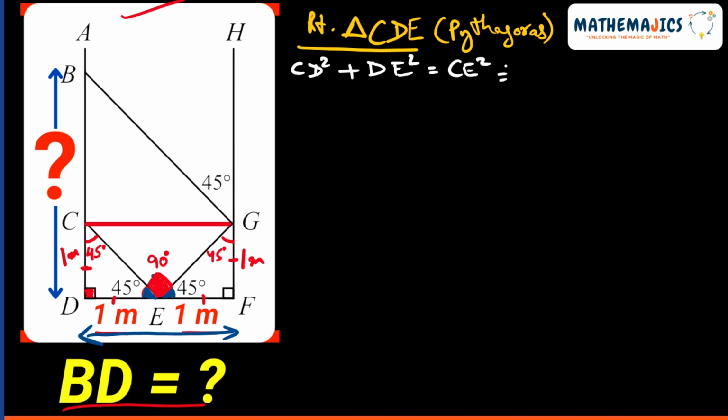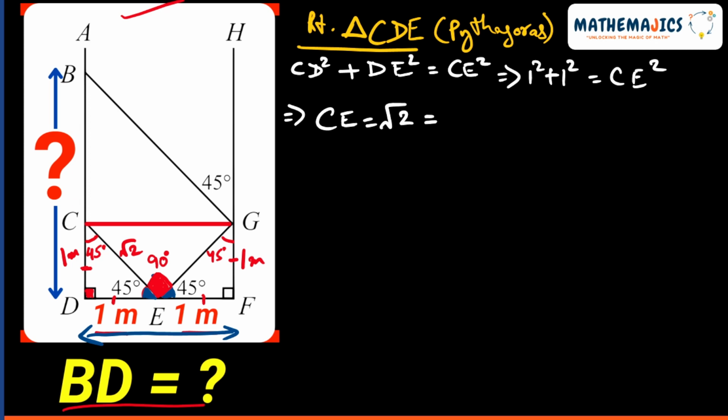Correct? That means 1 square plus 1 square will give us CE square. According to this, CE will turn out to be root 2. Now, if CE is root 2, definitely GE will also become root 2.